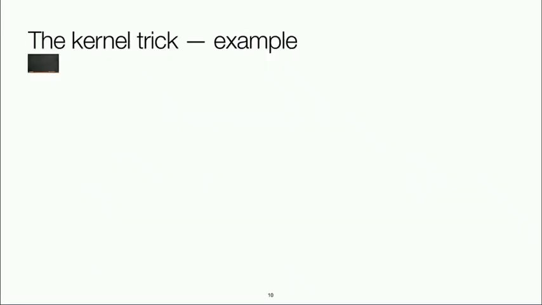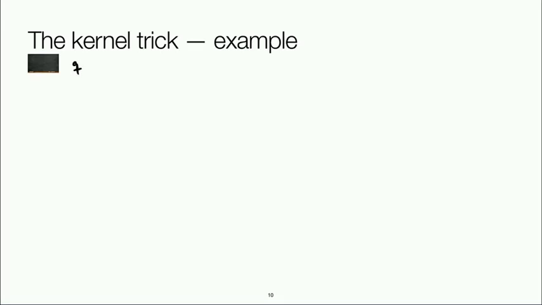Okay, here's a very dense slide, so get ready to write a lot of stuff. Let me give you an example based on the quadratic features that we've already seen. That's going to involve the least amount of writing, but it's still going to involve quite a bit of writing.